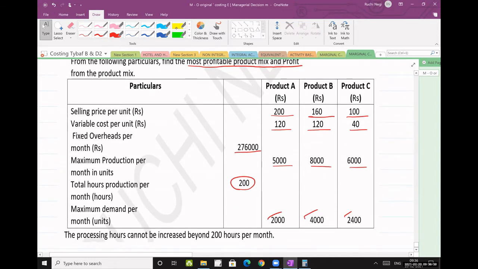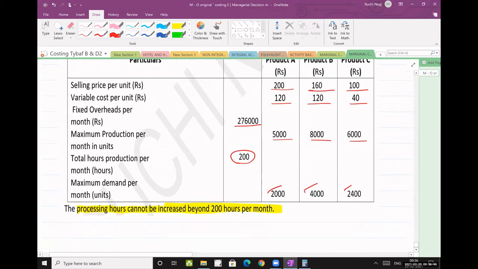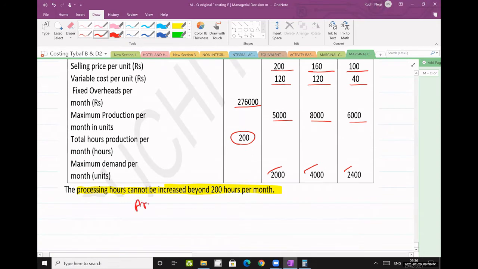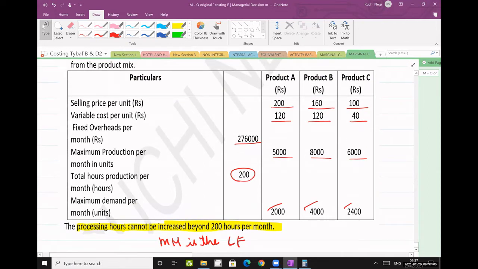ठीक है. आगे क्या बोला है? Processing hours cannot be increased beyond 200 hours per month. So this is the limiting factor. Processing hours मतलब machine hours. So in this sum, machine hours is the limiting factor. समझ में आया?